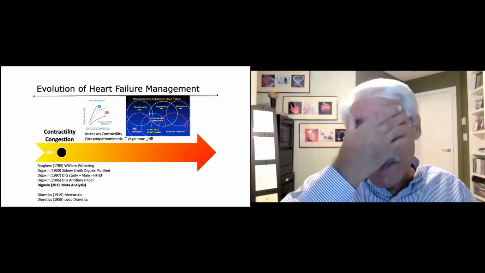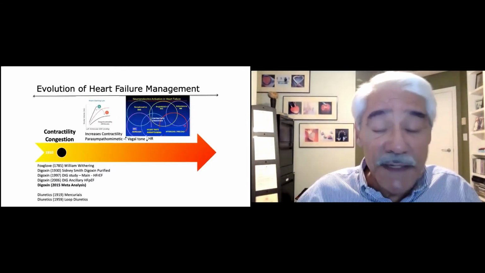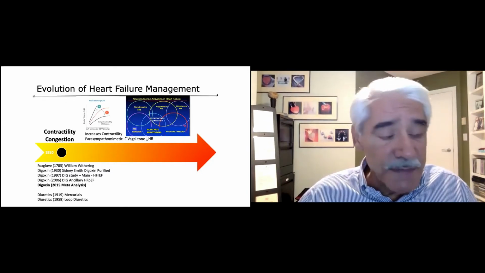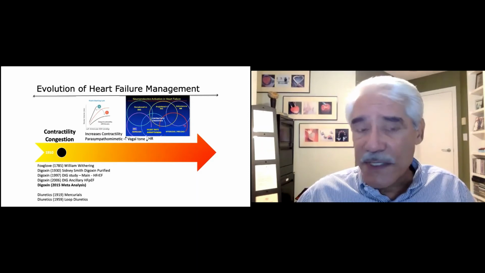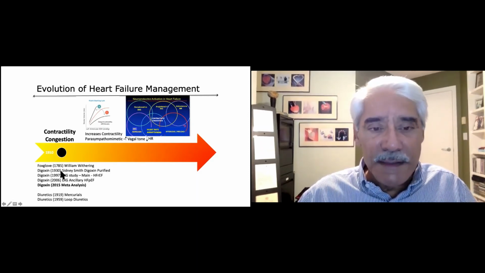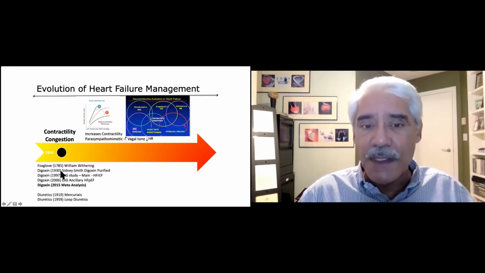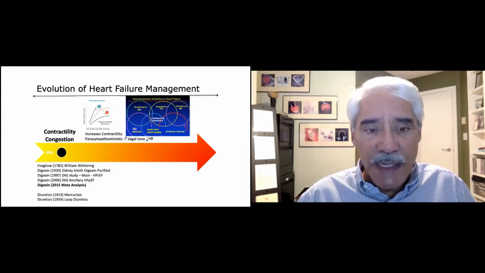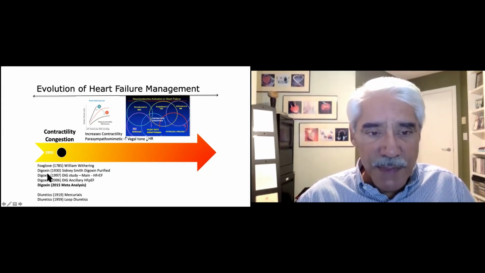So we start with digoxin. In 1785 Withering noticed that the foxglove was beneficial in people with dropsy, which I believe was heart failure at that time. But in 1930, the digoxin was purified from the digitalis plant, and we began to use digoxin as a tablet in the management of heart failure.